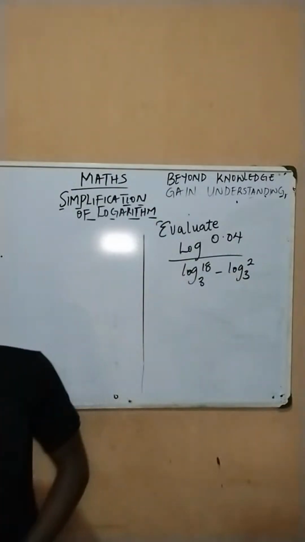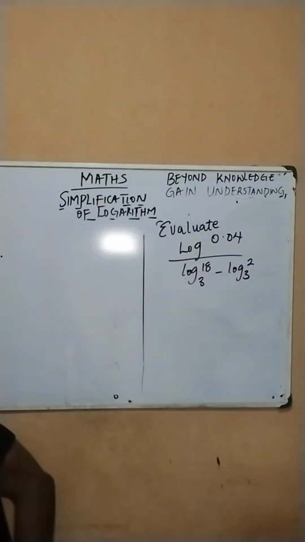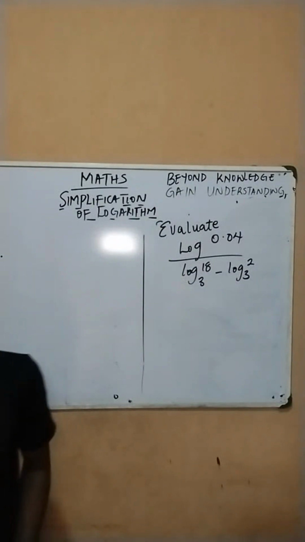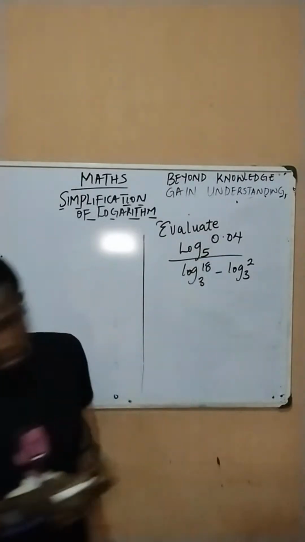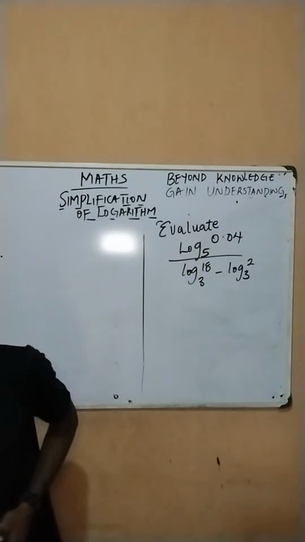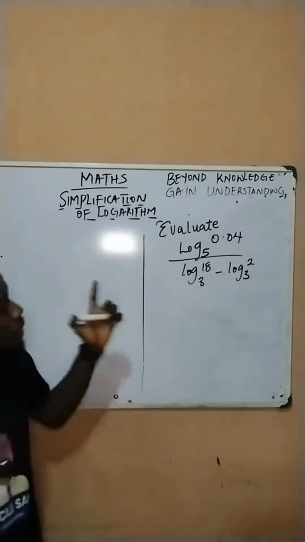So this is what we have here. So let's go ahead and solve this particular problem together. How do we go about solving it? Oh, by the way, this is log 0.04 base 5.